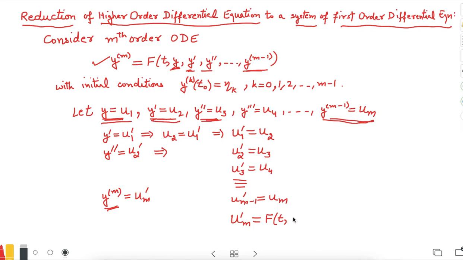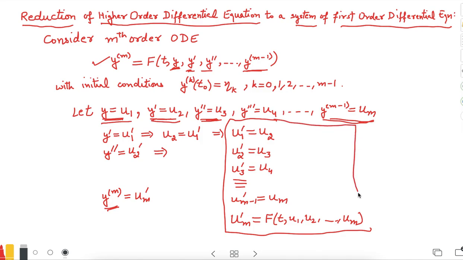So instead of y dash, we write u1, u2, and so on, um. In this way, we can convert the mth order differential equation into a system of m first order differential equations.